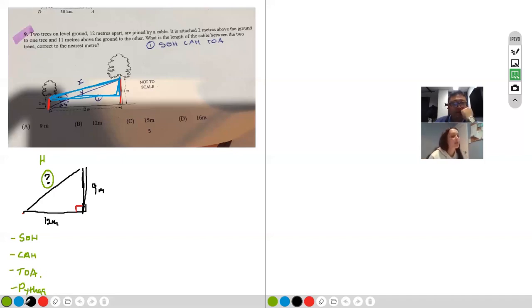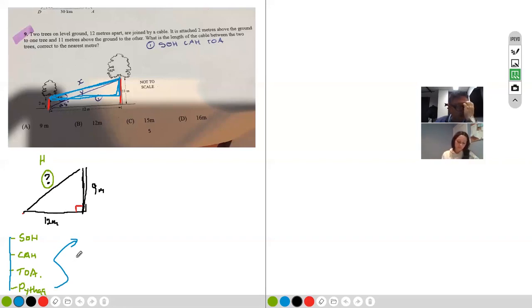I would say Pythagoras. When would you use Pythagoras and when would you use the others? With Soh Cah Toa, you need a right angle and another angle. Where with Pythagoras, you need two sides, three sides, and one of them is the unknown. So we use Pythagoras, you're absolutely right.